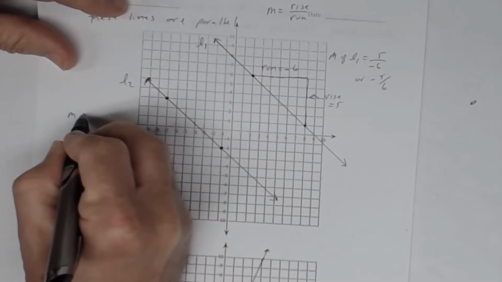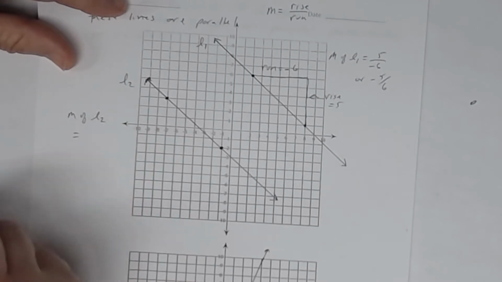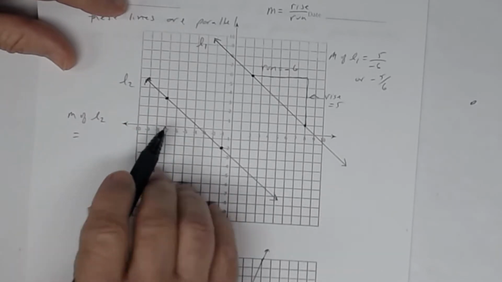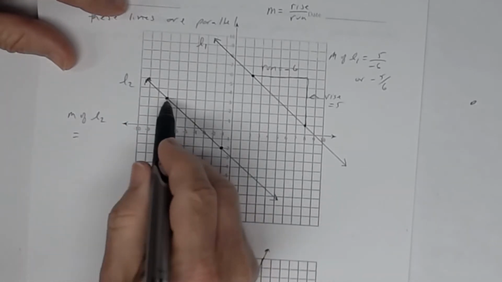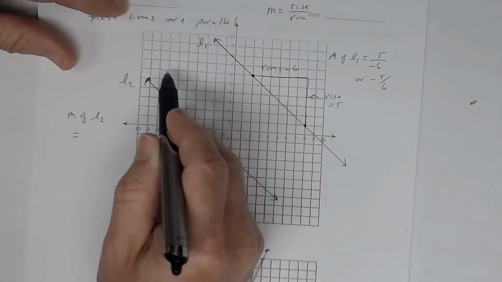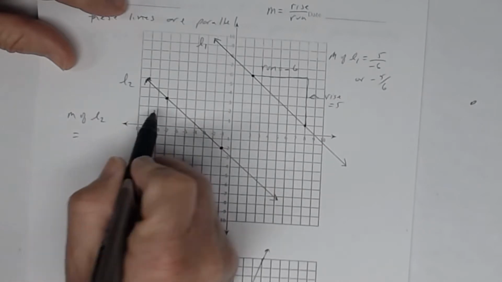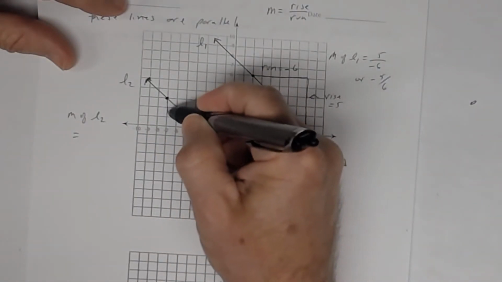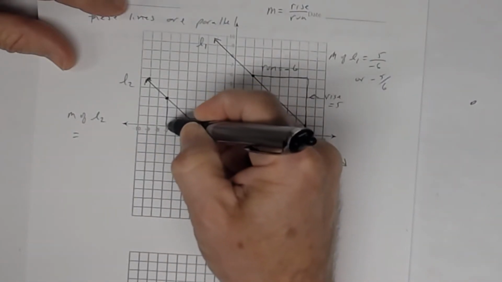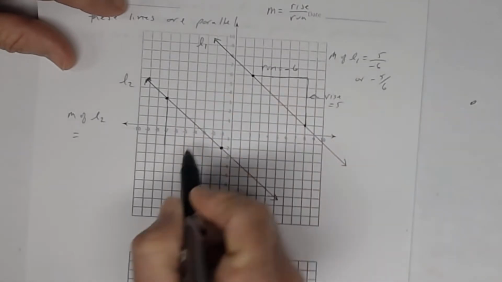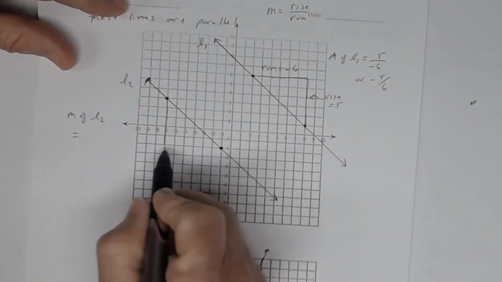So the slope of line 2 will equal, I'm going to use rise over run. To get to this point, I'm going to rise. Remember, rise, you go up or down. In this case, I'm going down: 1, 2, 3, 4, 5. Okay, so I'm level with this point now.